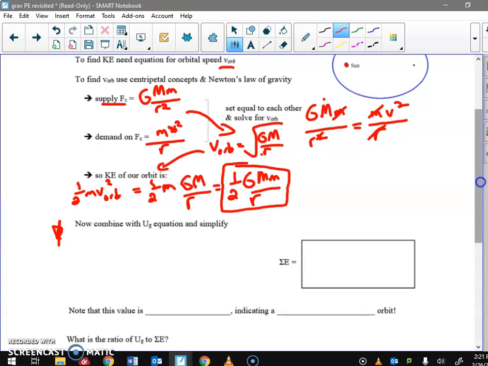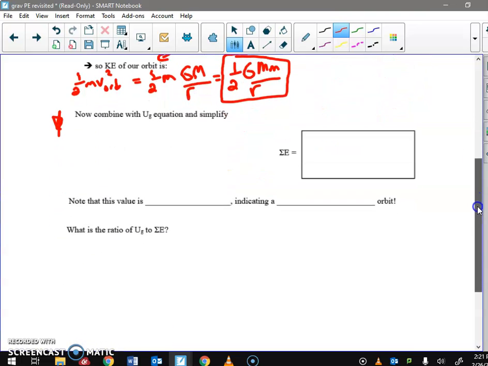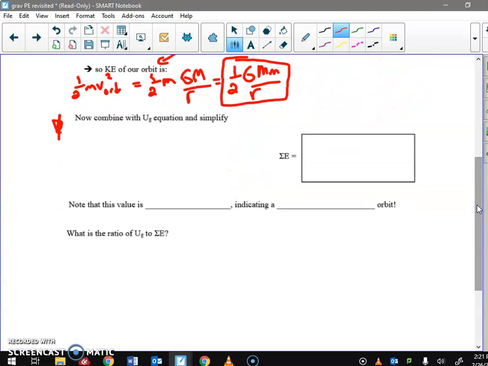So you can either remember that, but you should be able to derive it based on this to this to that. Okay, now we want to find the total energy. That's just the kinetic. What's the gravitational? Well, we already know what the gravitational is. The gravitational is always going to be negative G mM over r, based on how far away the planet is and the mass of the sun and the planet. So now we can combine them, and I'm going to do the algebra here.